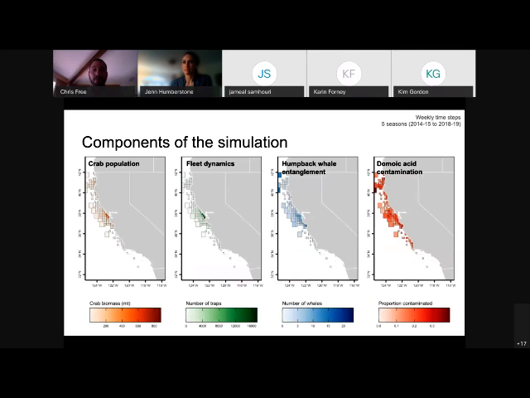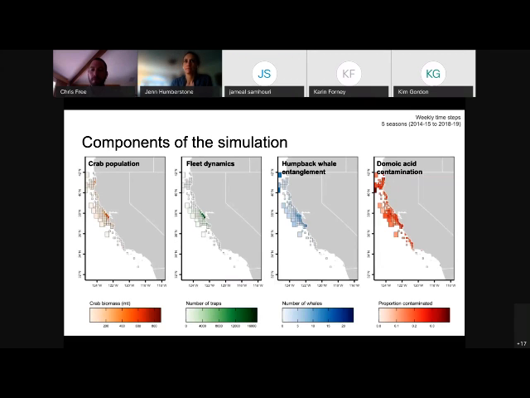So we have 4 different modules. We have a module that is simulating the crab population dynamics off the coast of California, simulating the dynamics of the fleet that is going out and targeting that resource, and then simulating the density and abundance of whales, and their co-occurrence that we've heard about with fishing dynamics.